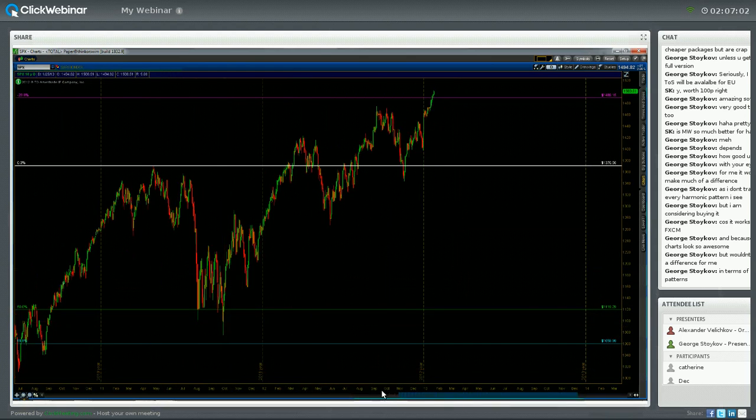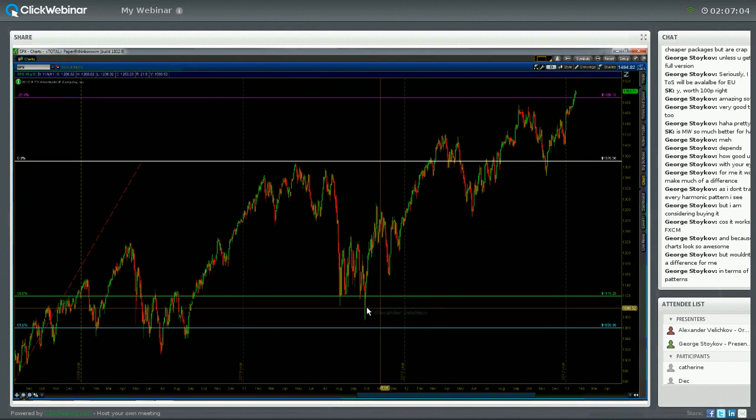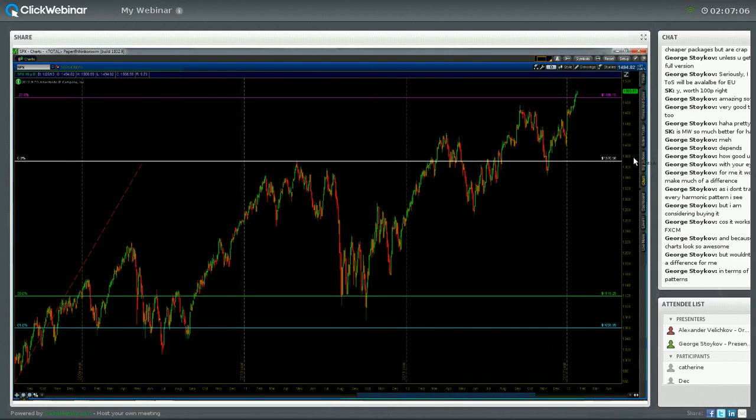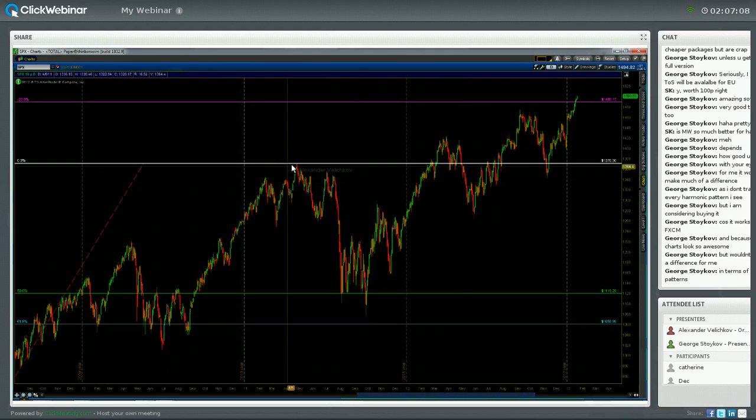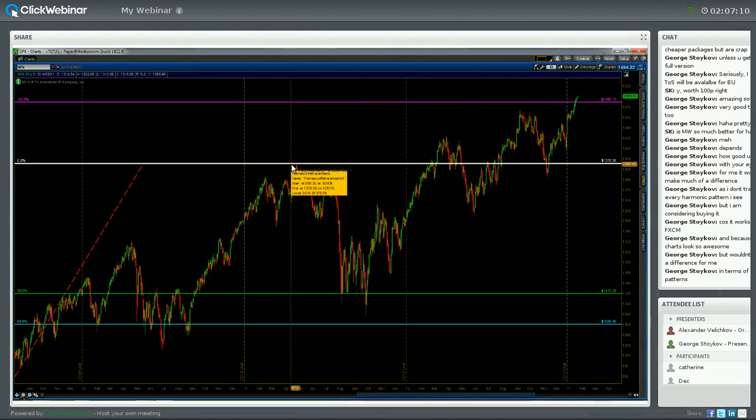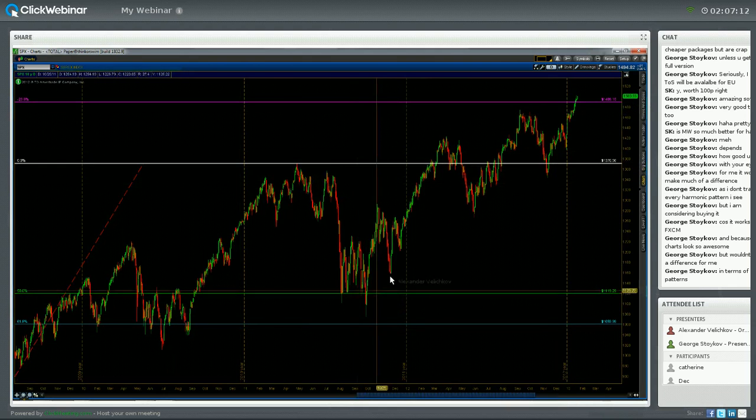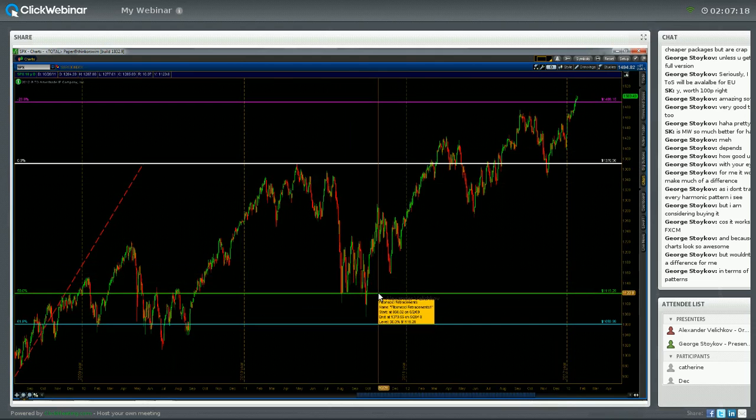This bottom candle over here, I don't know if you can see it properly. So what I am saying right now is that we have reached the target of this almost perfect hold at 1119.